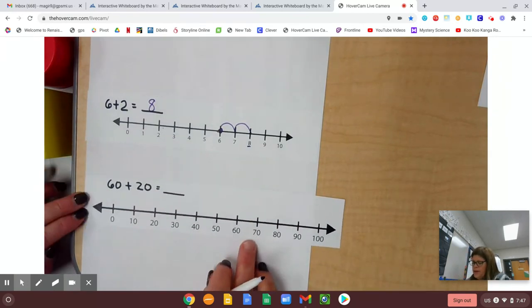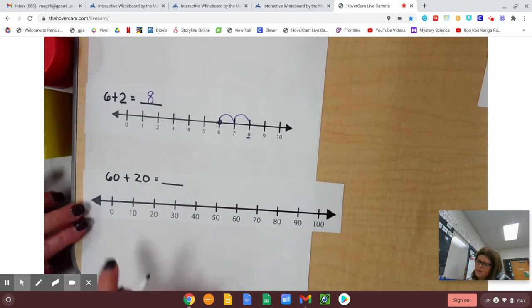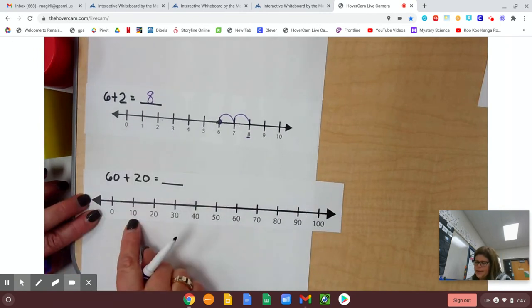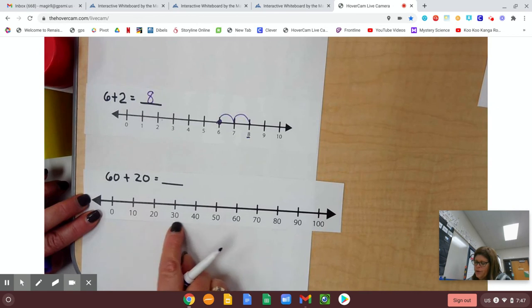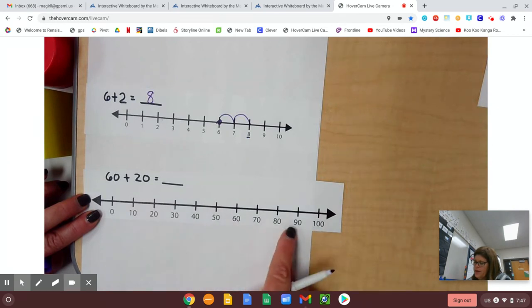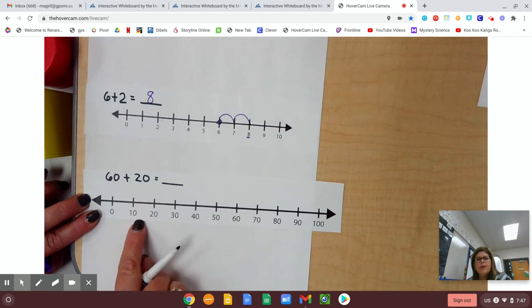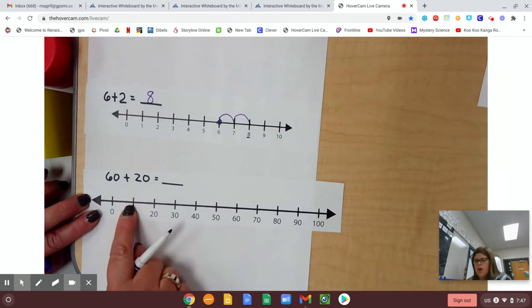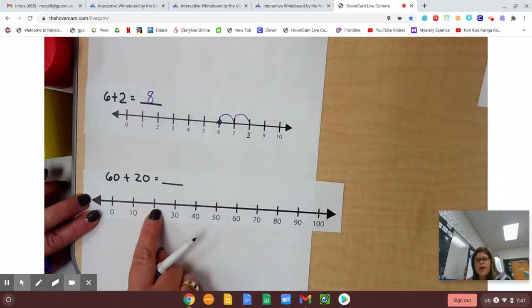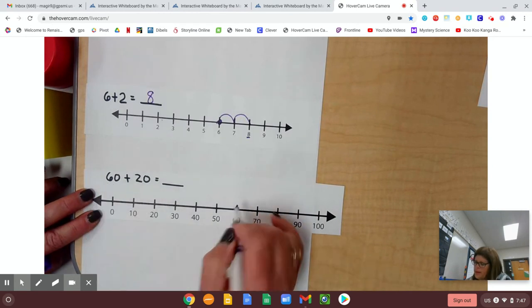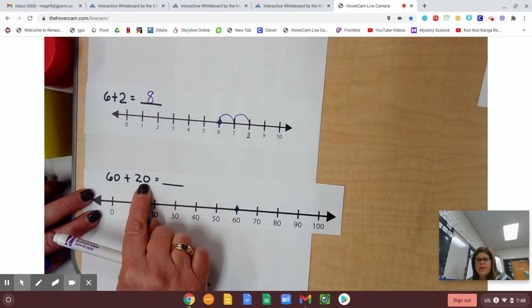Now look at the next one. My next number line starts at 0, just like that, but it has a 10, 20, 30, 40, 50, 60, 70, 80, 90, 100. This number line is different in that it's counting by tens. Each jump is a count of 10. And this time I have to start on 60, and I'm going to add 20.